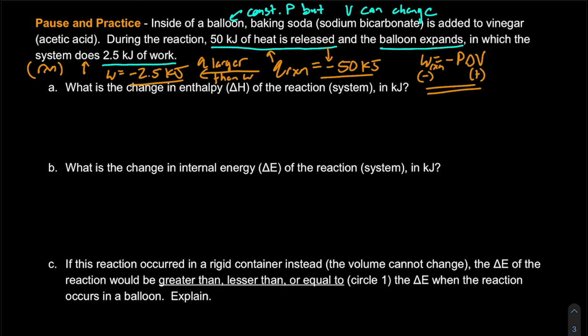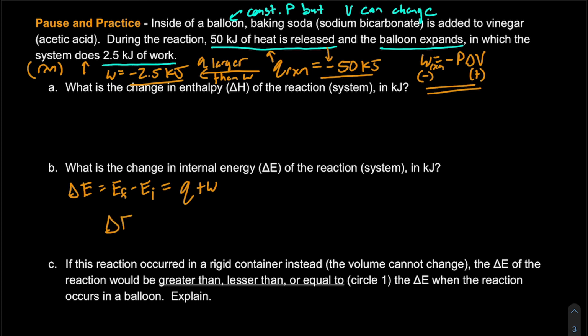So now that we have that in our wheelhouse, let's answer some questions. Maybe let's do B first. What is the change in internal energy of our system? We know that the change in internal energy is our final minus our initial internal energies, but we don't know anything about that. We didn't quantify our initial or our final internal energy. But we do know that those are manifested in two forms, the Q of the reaction and the work of the reaction.